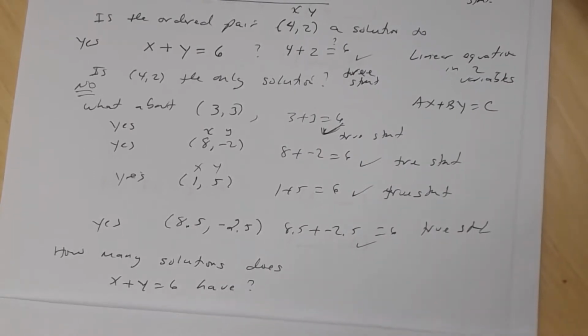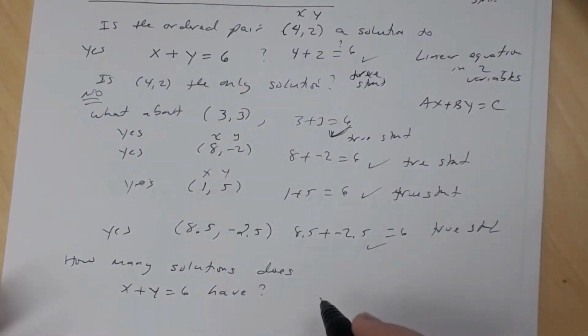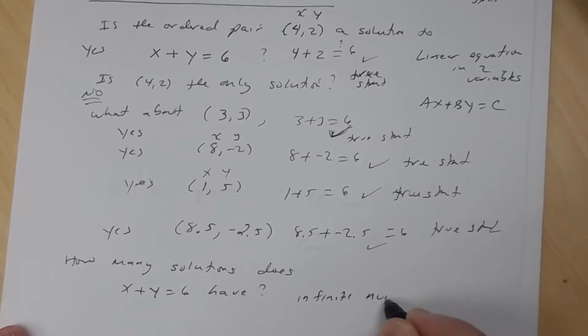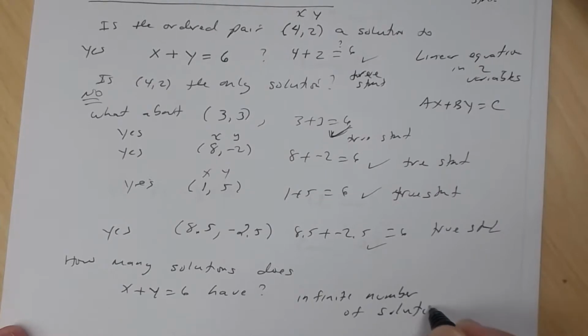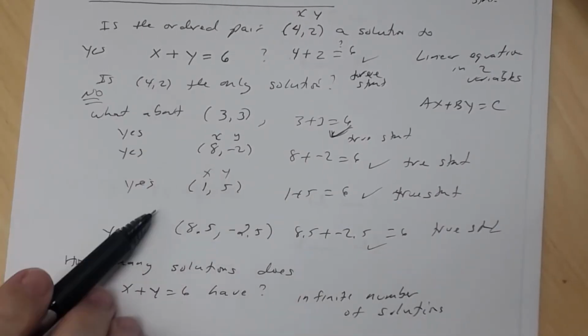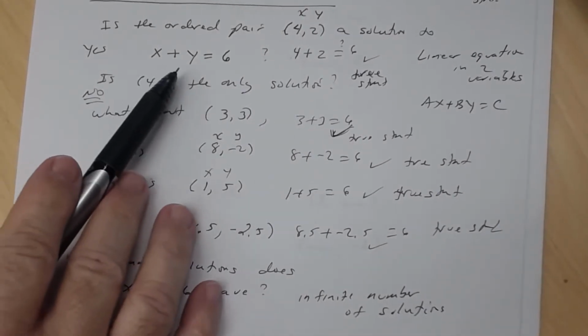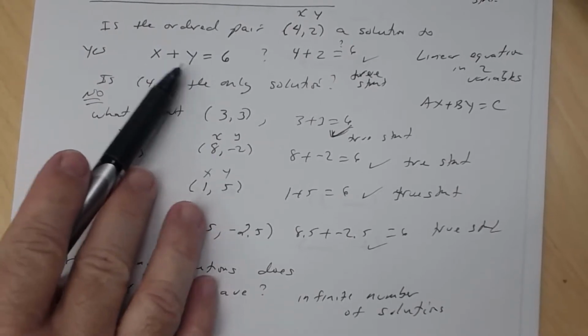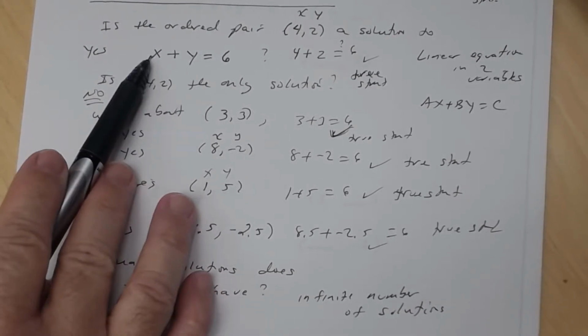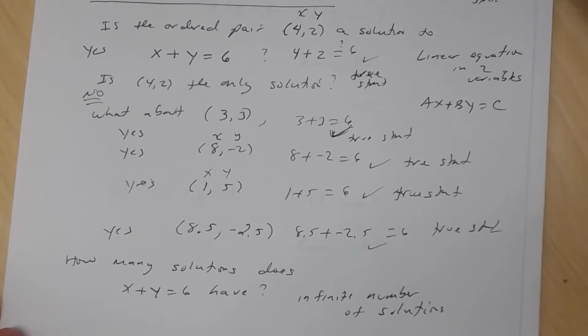And the answer is an infinite number of solutions. In other words, I could have kept on going. I can find any combination. There's an infinite number of combinations in which when I add x and y, I'm going to get 6.